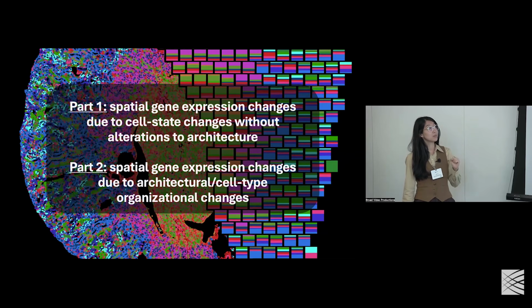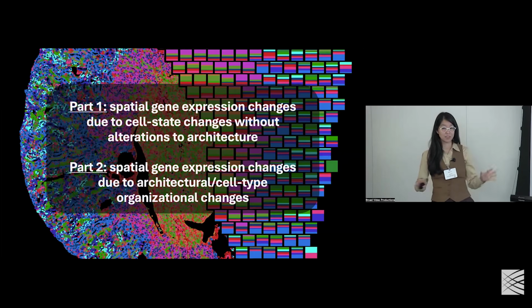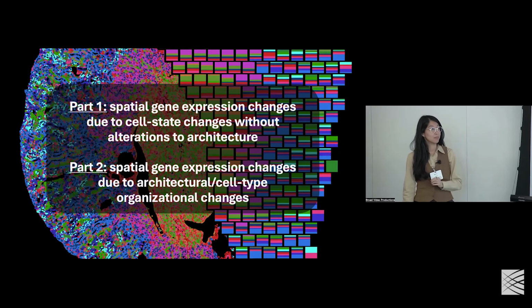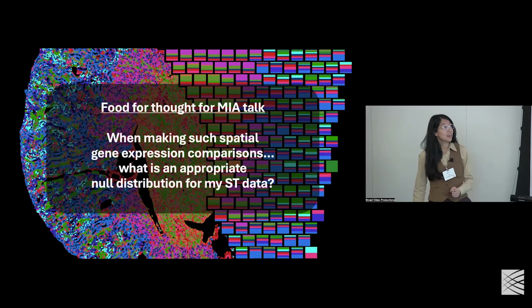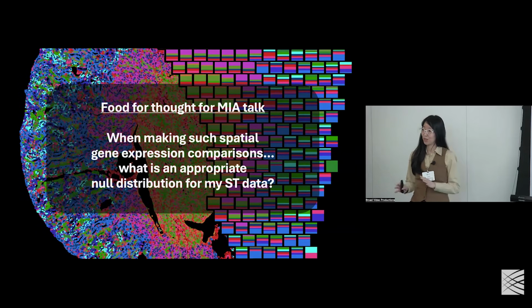First, I'll talk about spatial gene expression changes due to cell state changes that do not involve changes in architecture of the tissue. And in the second part, I'll talk about general cell type structural changes that are reflected in the cell type spatial organization that, of course, then would also be reflected in the underlying spatial gene expression pattern changes associated with those cell types.